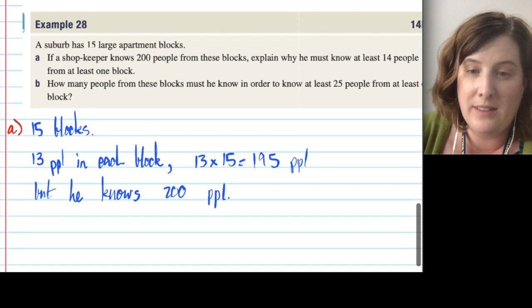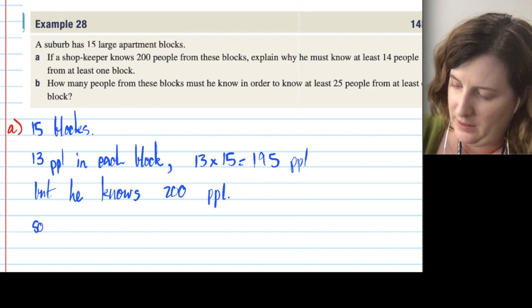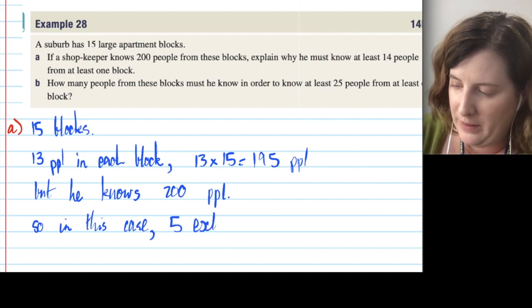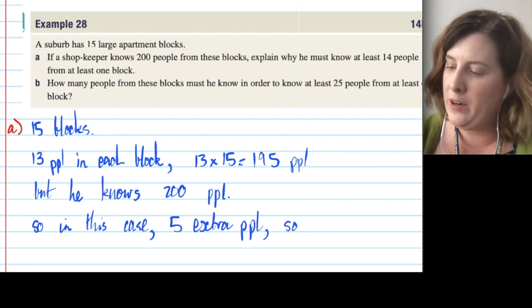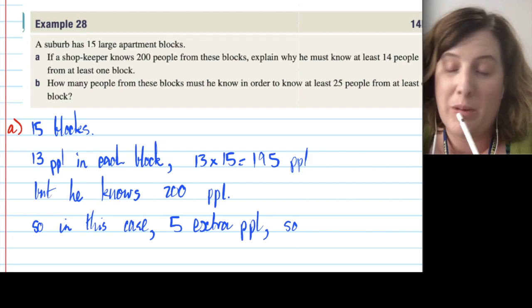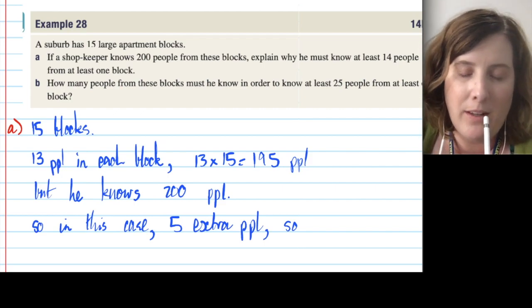So in this case, we have 5 extra people. So we've either got 5 blocks with 14 or some with 15, some with less than 13. It'll all even up.